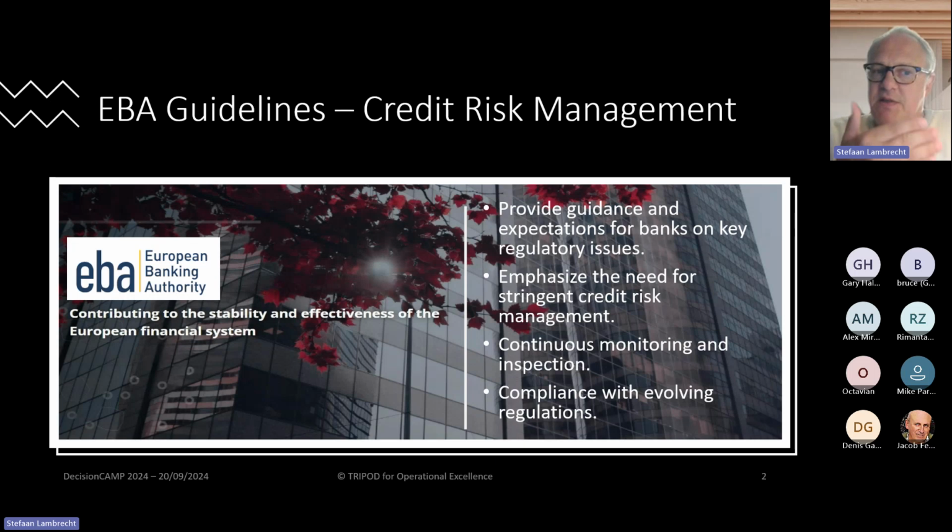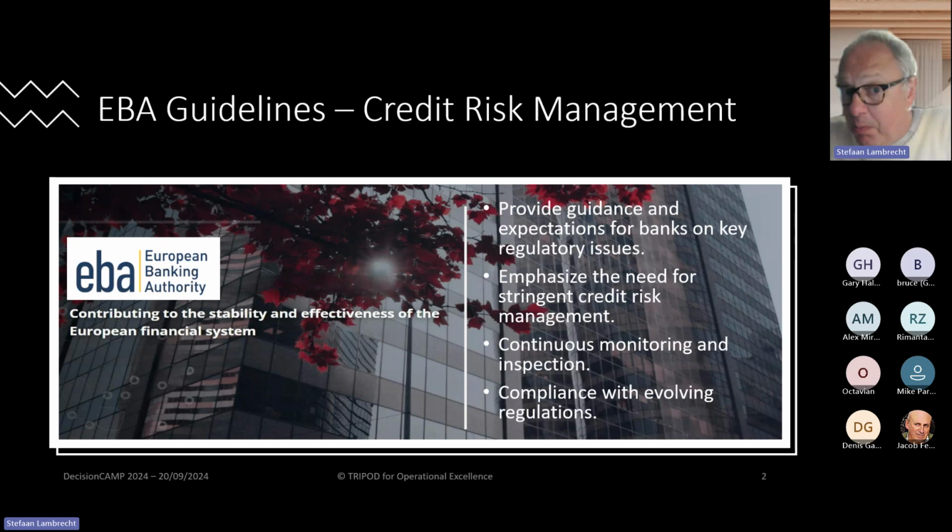And as from 2011, the European Banking Authority, together with the national banks of the different countries, started emphasizing credit risk management as one of the pillars to provide that financial stability. They started creating guidelines for the banks.